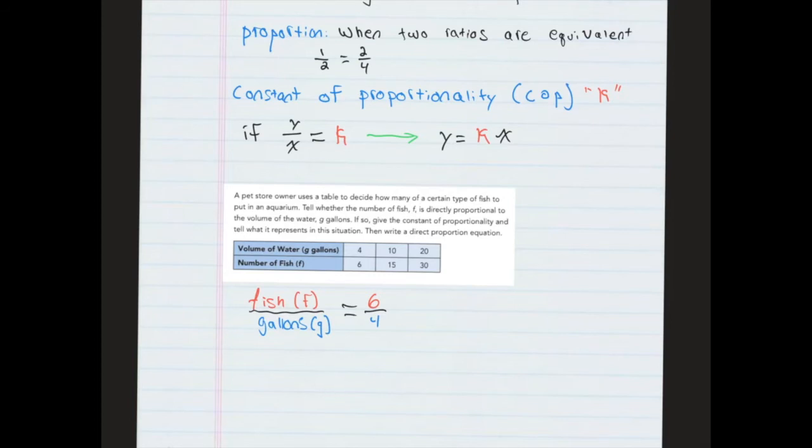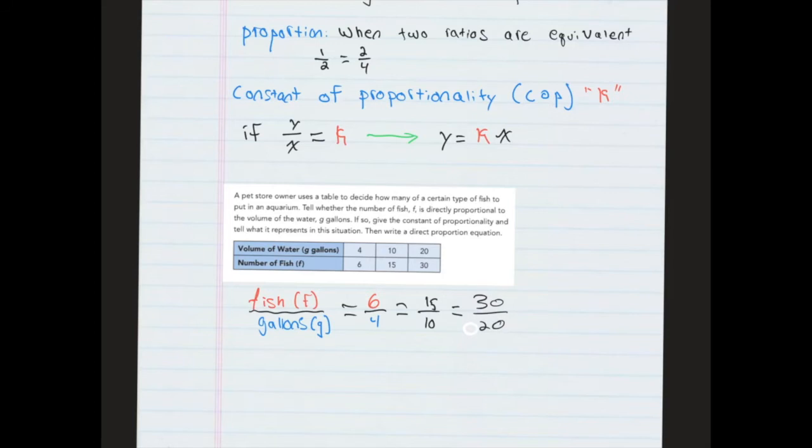And what I want to do in this table is I want to see if this ratio is equal to all the other ratios of the fish that are in there. So is this equal to 15 over 10? Right? Is that also equal to 30 over 20?